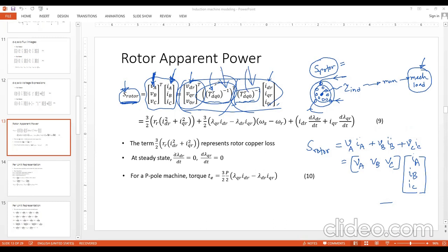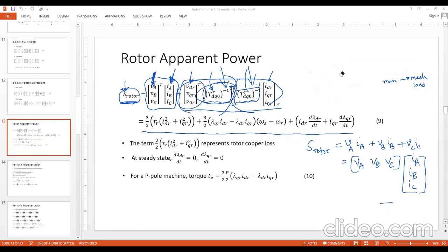So if you use the actual expression of TDQ0R inverse and TDQ0R transposed, this one is transposed, this is inverse. When you multiply these 3 by 3 matrices and simplify, you should get this.